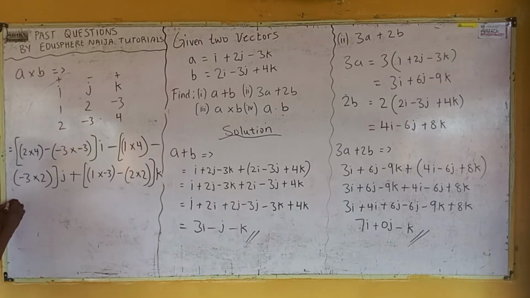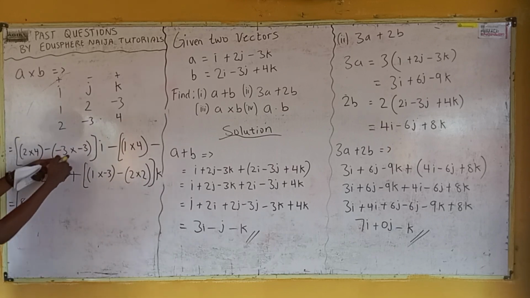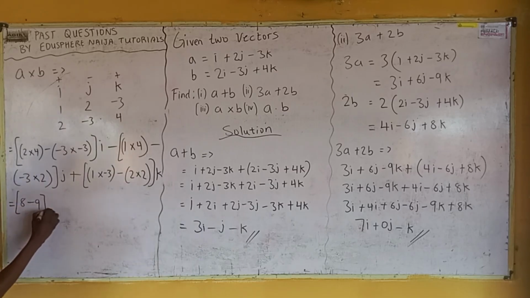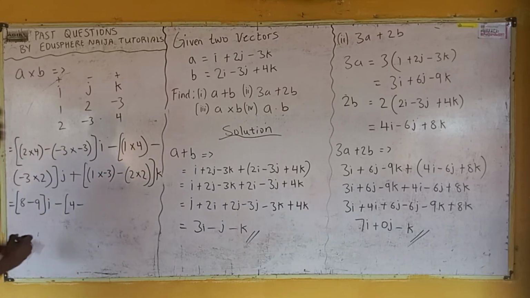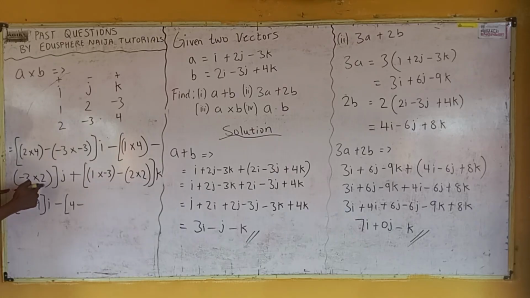So let's pick it. 2 times 4 is 8, minus open bracket minus 3 times minus 3, which is 9. 8 minus 9. That's for our i. Then the next one for our j, 1 times 4 is 4, minus minus 3 times 2, which we know as minus 6.